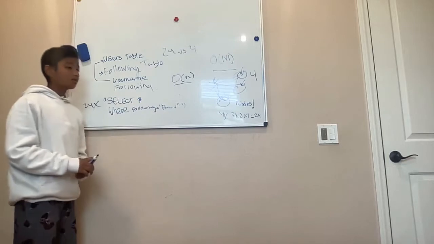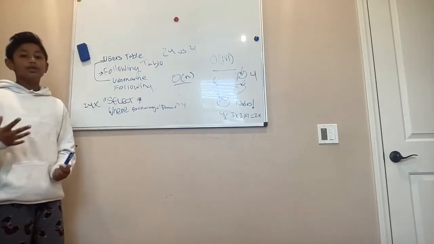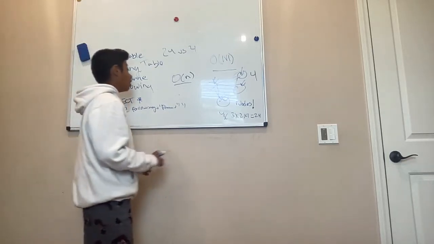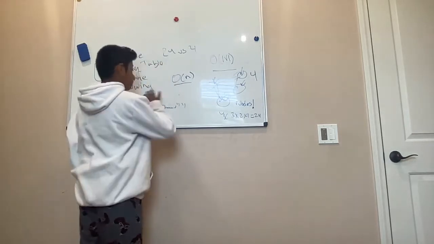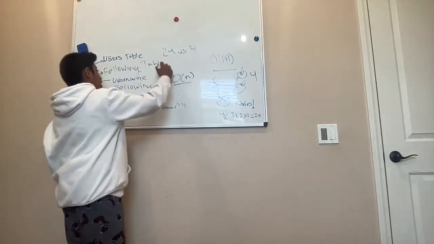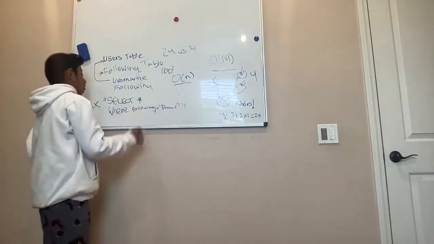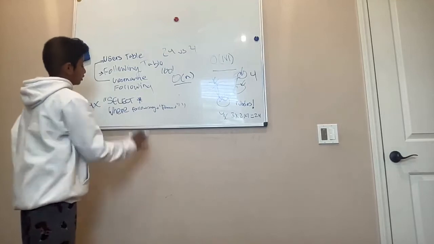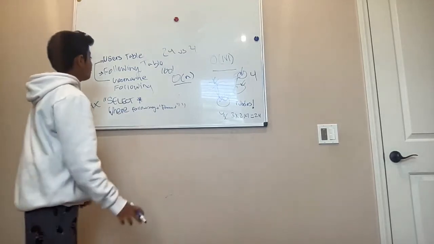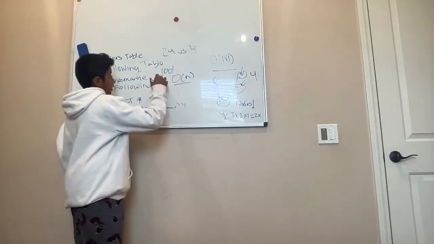But let's say we have, I don't know, 100 nodes. If everybody's following each other, that's going to be 100 factorial, and that's going to be a lot of different rows in our table that we have to search through, which will take a very, very long time.